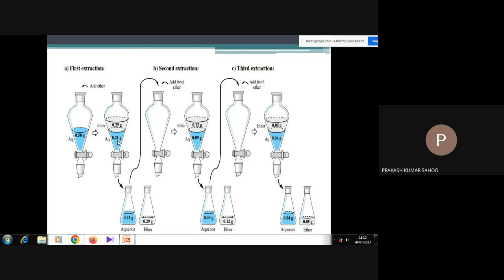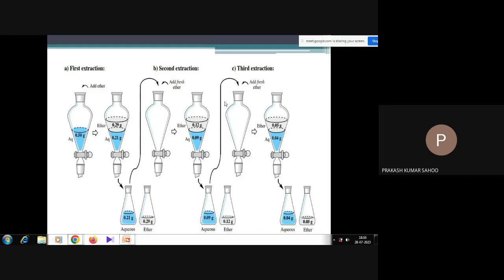So again, we will put this water or aqueous layer into the separating funnel again. Then again vigorous stirring. Then what happens? This 0.12 grams of ether is again separated. Then we have 0.09 gram of water and 0.12 gram of ethereal layer or organic layer. And again, this layer may contain some ether.